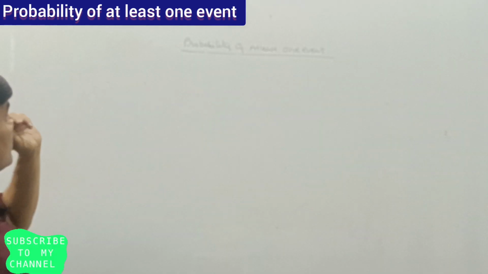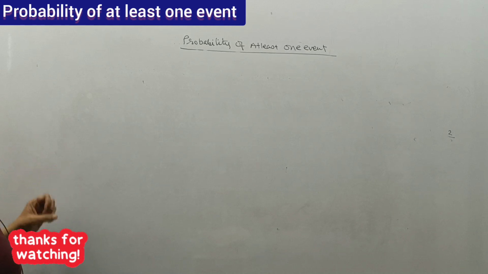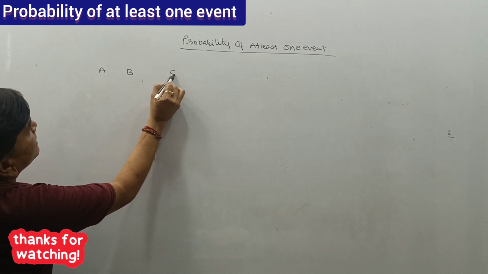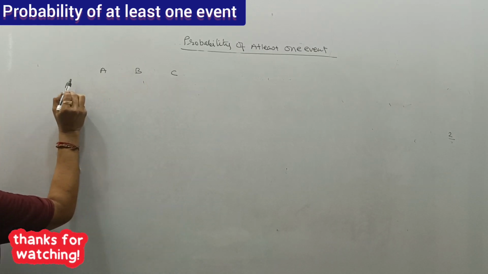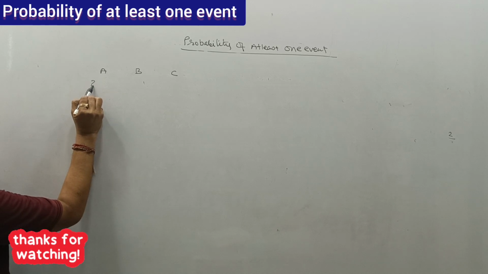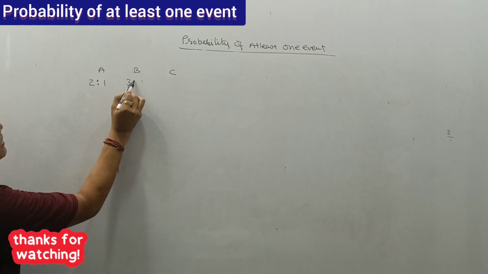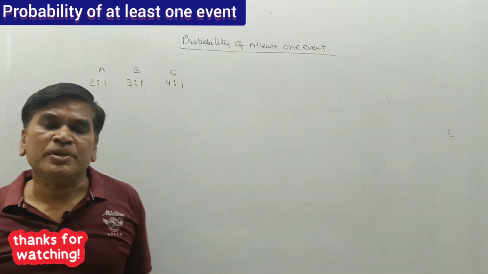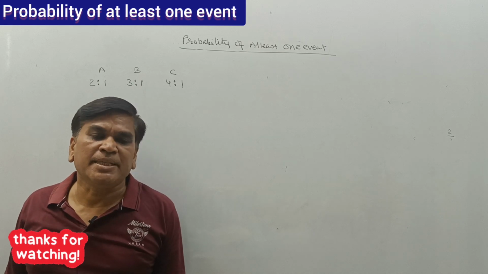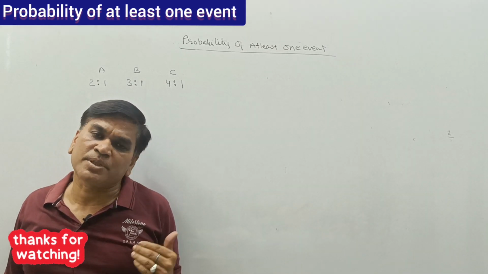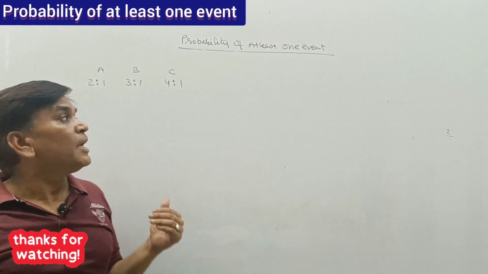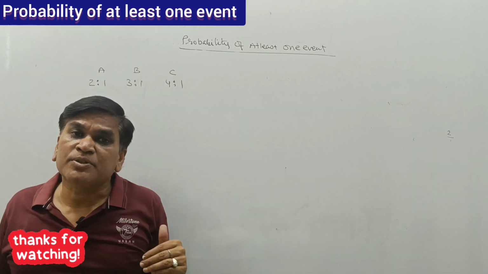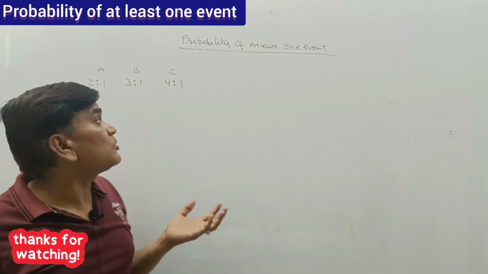Suppose a question of statistics is given to A, B and C. Odds in favor of A are 2:1, odds in favor of B are 3:1 and odds in favor of C are 4:1. What is the probability that at least 2 of them will solve the question?